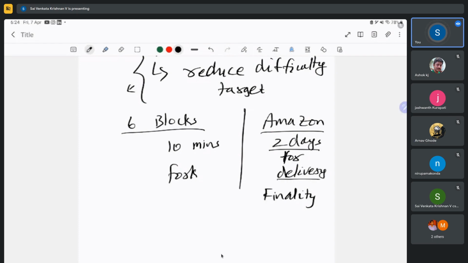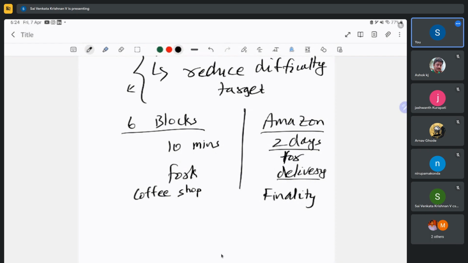Whereas in a coffee shop scenario, since your customers are coming in at frequent intervals, you cannot wait for 1 hour or so for your transaction to get confirmed.